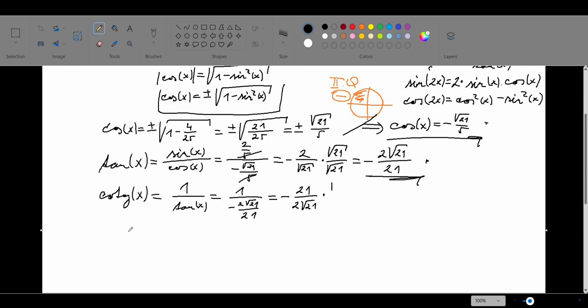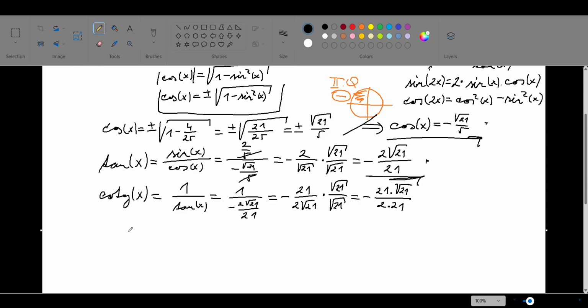So you simply multiply your result by square root of 21 over square root of 21, and this is then going to be negative 21 times square root of 21 over 2 times 21, because square root of 21 times square root of 21 is 21.